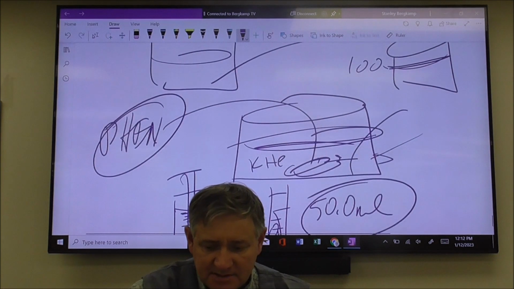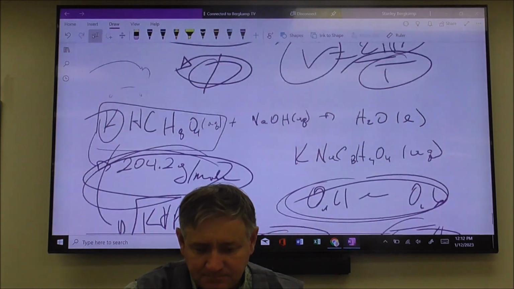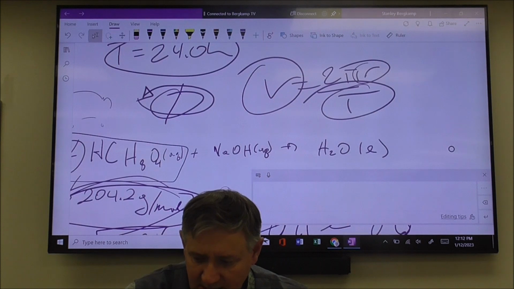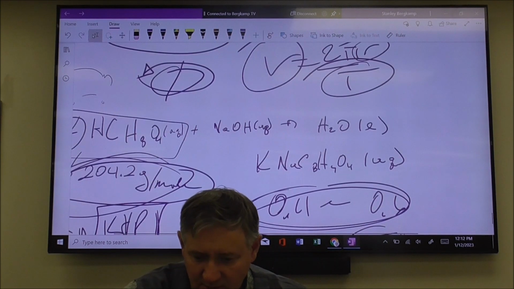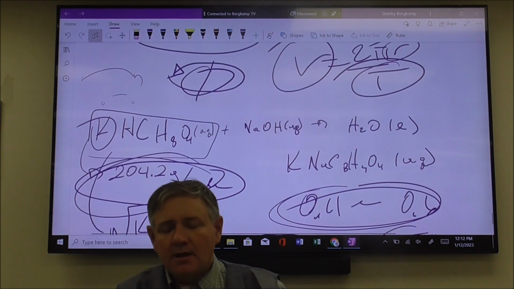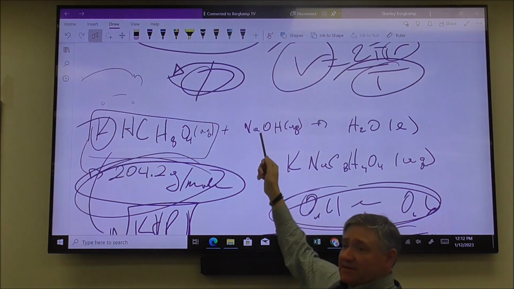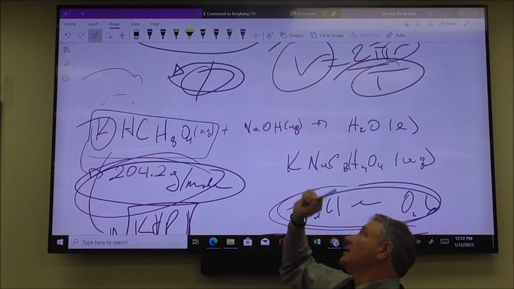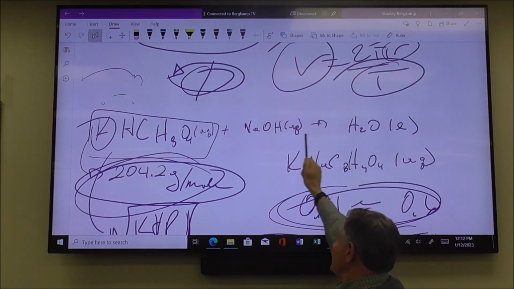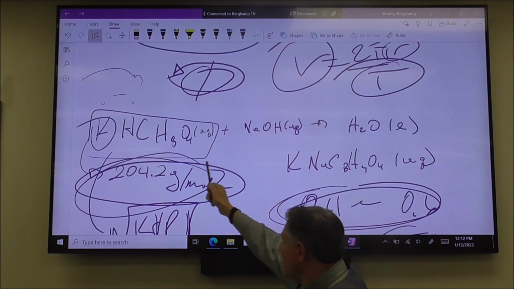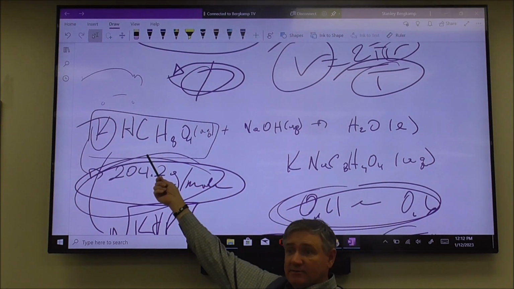So what's going to happen is this reaction right here. And again, you don't need to know this reaction. I'm not going to ask you to actually write the reaction, but you need to know the basic idea. So here you have KHP, and you're going to react that with sodium hydroxide. Basically the sodium is going to come in here, and it's going to kick out a hydrogen.